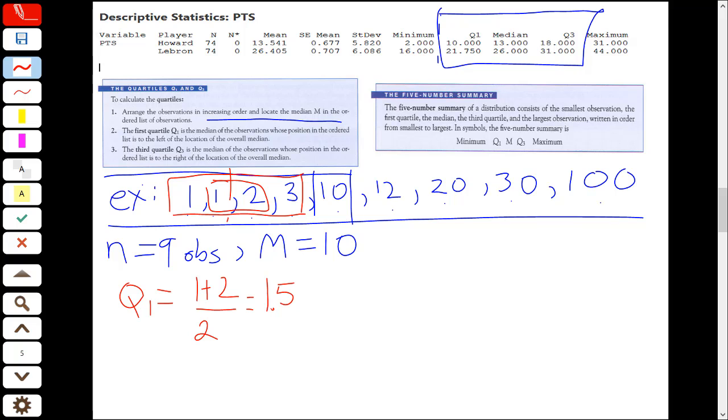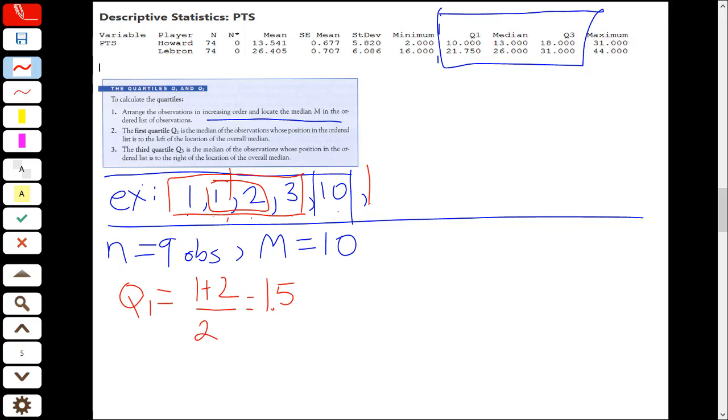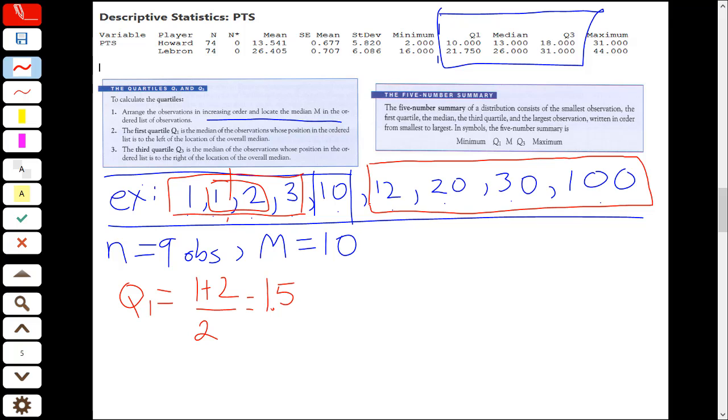Okay, so Q3 is going to be the median of the numbers to the right of the median. Now, notice that I am not including the median in this calculation. All right, so Q3 is going to be the median of these numbers, which happens to be (20 plus 30) over 2, which is 25.